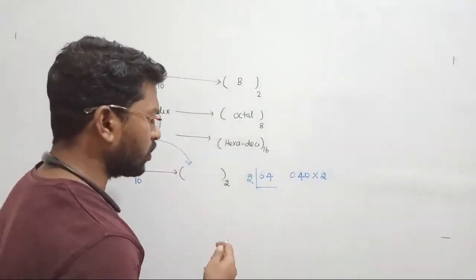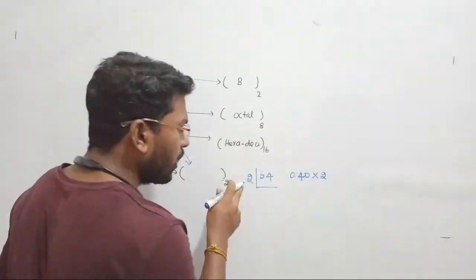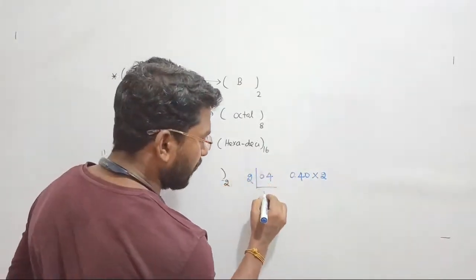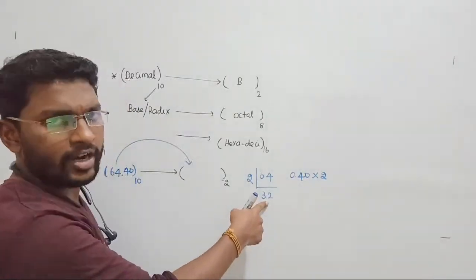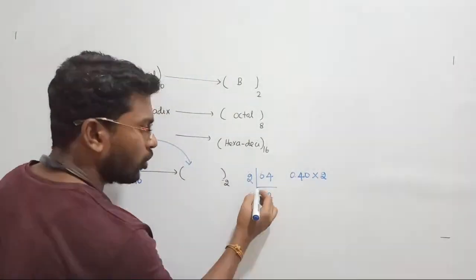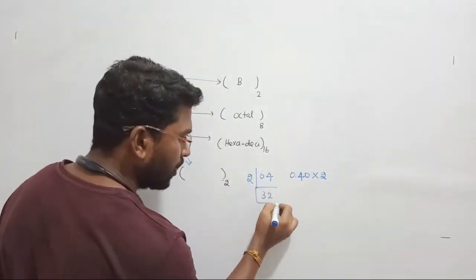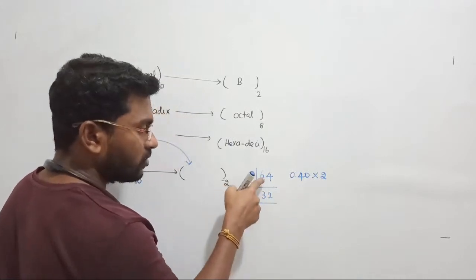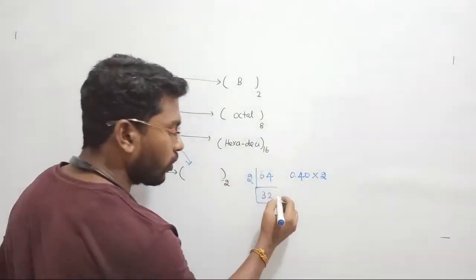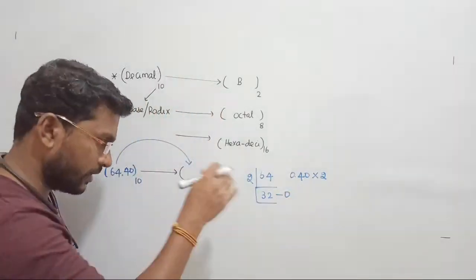Let us proceed. So with this 64, if I divide it by 2, we are getting 32. Again you can divide by 2 now. As many times as you can divide by 2, you have to proceed. 32 divided by 2: 16 times 2 will give you 32. Remainder is 0. Proceed.